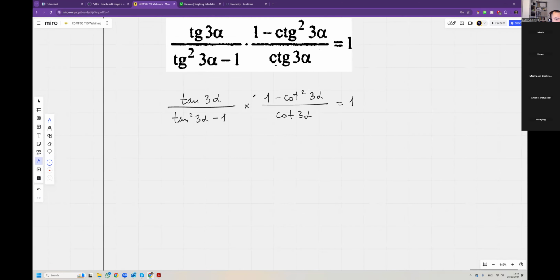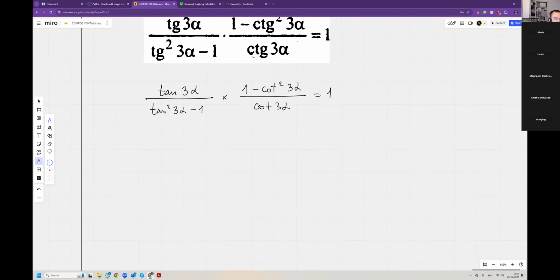Well, what's tan divided by cot? Oh, okay. Well, no, not really a thing. Okay, so what do we do? Well, let's write down. So tan theta, that's sine 3 alpha divided by cos 3 alpha.